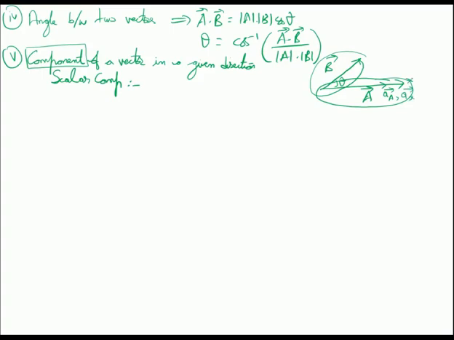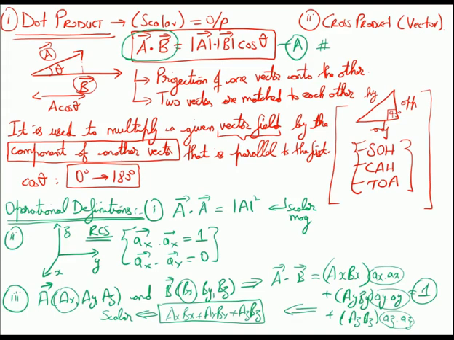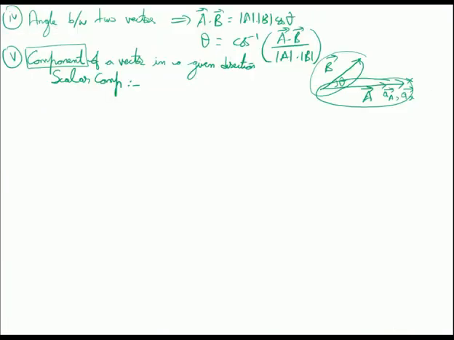In the definition, when I highlighted this portion, component of a vector, it meant this: we take one vector and multiply it with the component of the other vector, as we saw here with vector b and a. So the scalar component is written as b dot a. If we have vector a and vector b, the output is the magnitude of vector b multiplied by cos of theta between them.